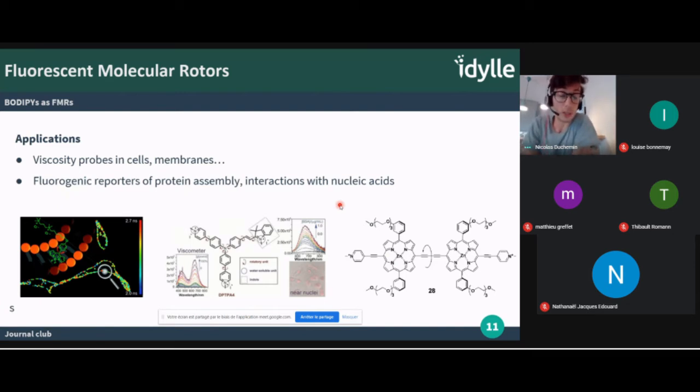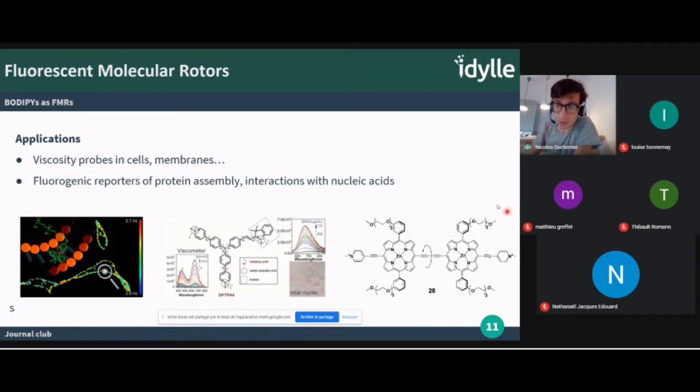So in terms of applications, you have these very nice pictures. You can see here a very typical one with the BODIPYs with the doubly charged chain, their interaction in the bilipidic layer, the plasma membrane. And you can see here that with fluorescence lifetime imaging microscopy, you can definitely locate the compound directly on the membrane. You have these gigantic synthetic compounds, such as this one, that are very interesting. They're the best viscometer around, I think, and they have the possibility to be accumulated near nuclei.